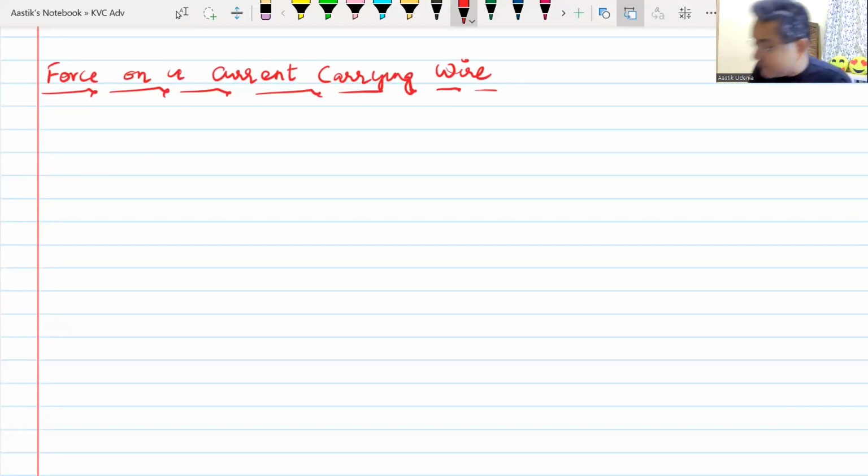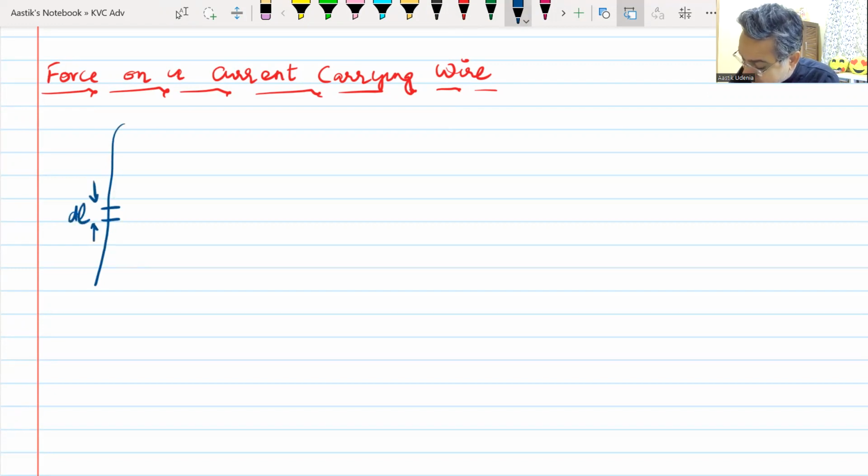Now, what do you mean by force on a current carrying wire? Suppose we have a wire of random shape and we have a small segment of the wire of length dl. This wire carries a current and is placed in a magnetic field. The magnetic field at this point is B.